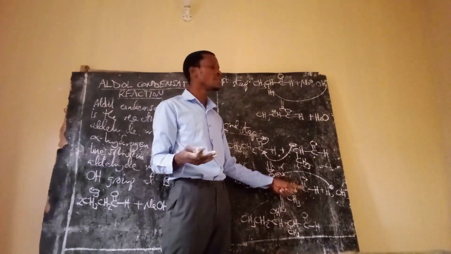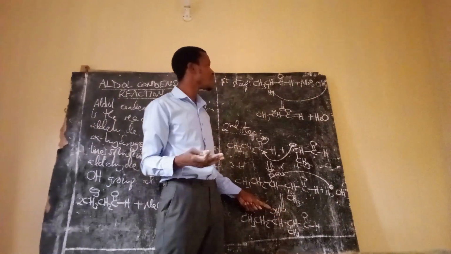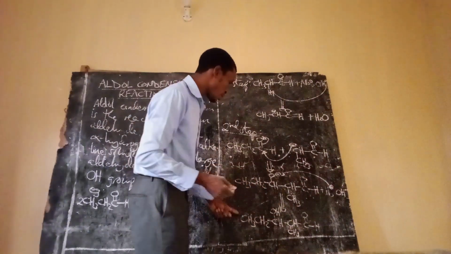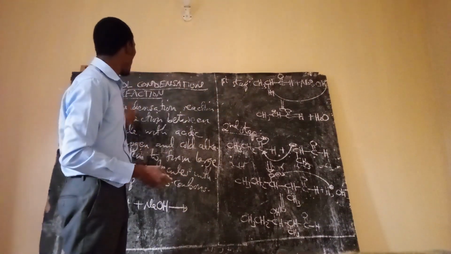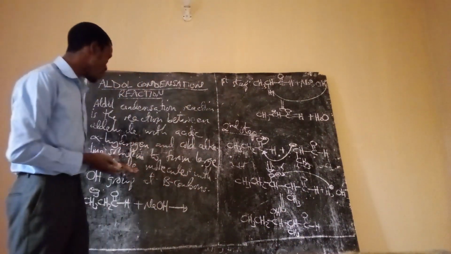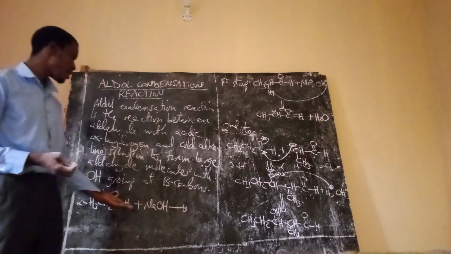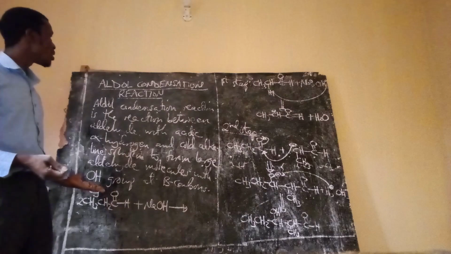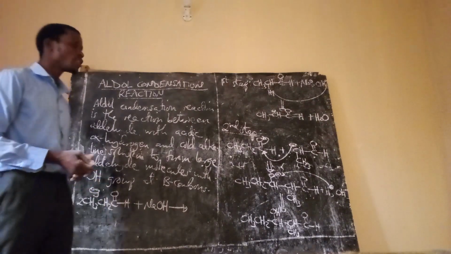So sodium hydroxide has participated in the reaction as a catalyst. Now this is the product which is formed after the reaction between the cold alkaline solution and the aldehyde. And this is the so-called Aldol condensation reaction.